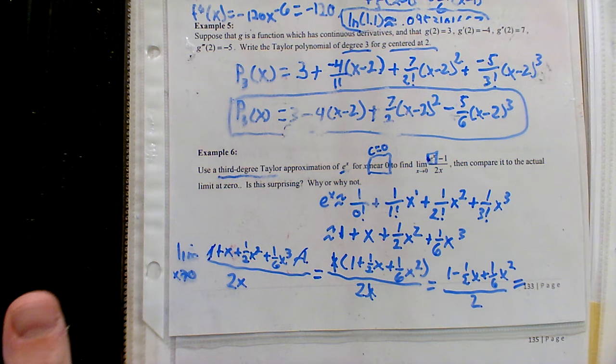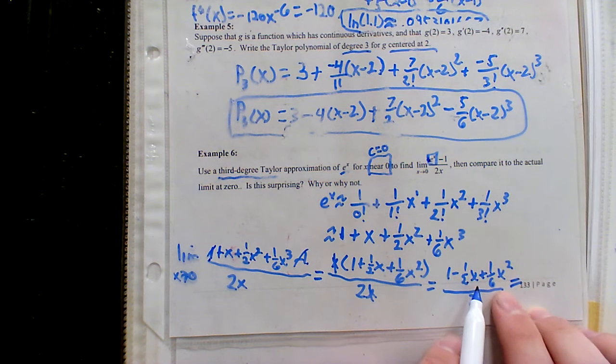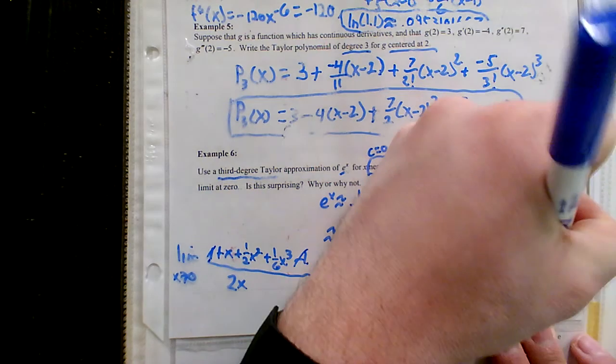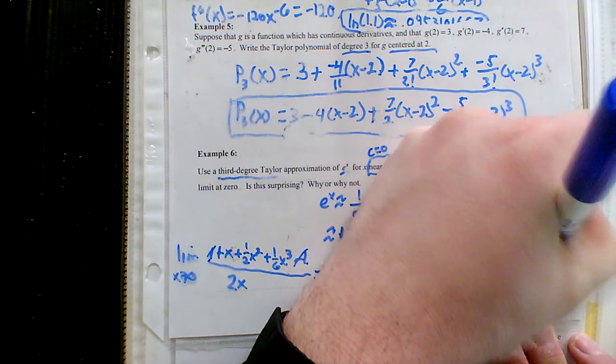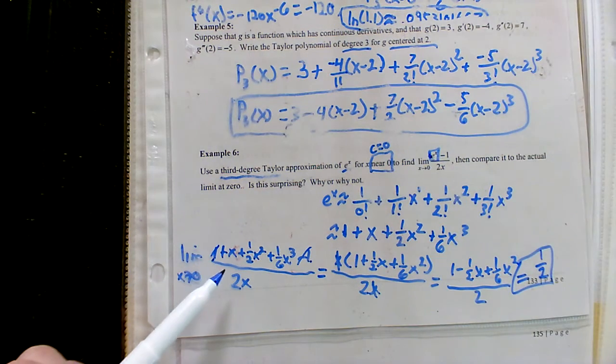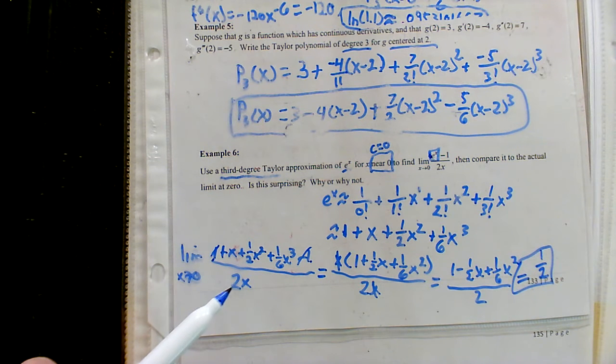Anybody know what the limit is? Yeah, if you plug in 0 to take the limit, you would be left with 1/2. So that's the limit with our approximation. Remember, we approximated e to the x. So we found the approximation with the limit.